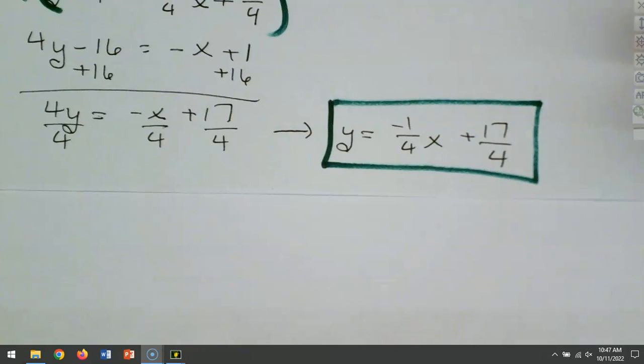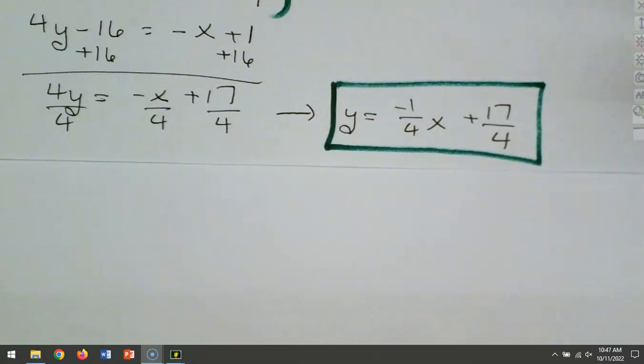For the very last part of this section, we're going to talk about vertical and horizontal lines.